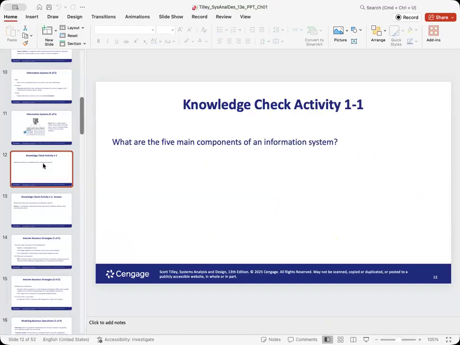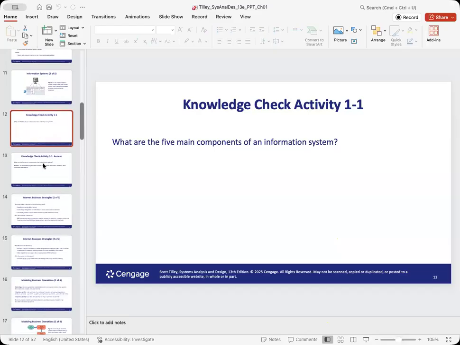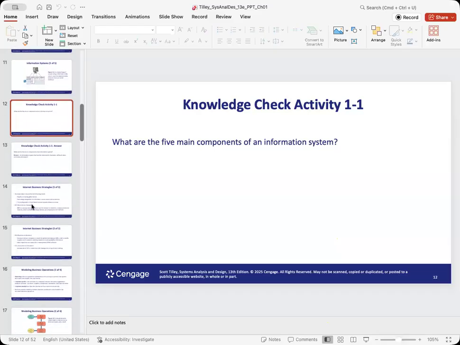Now, I have a question. What are the 5 main components of an information system? Anybody to answer for 1 mark? Yes, Solomon.